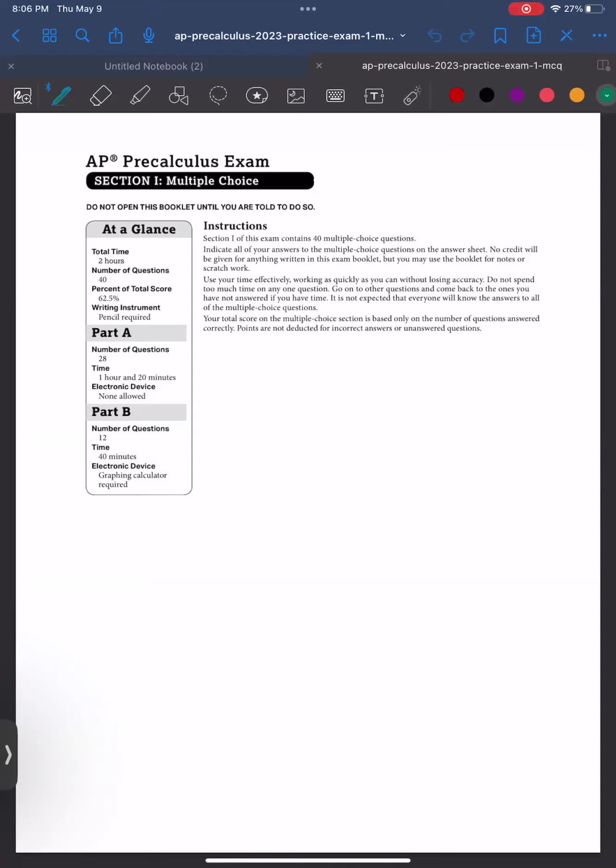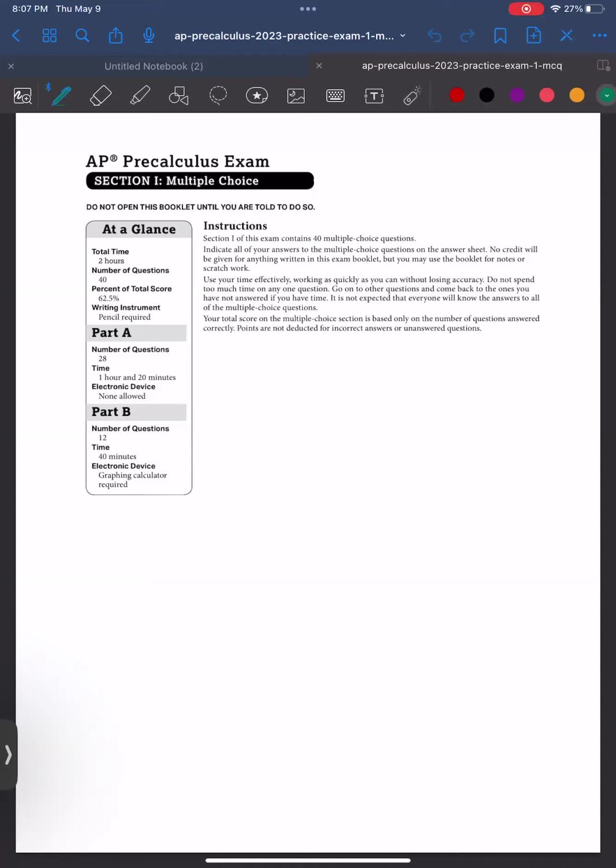Use your time effectively, working as quickly as you can without losing accuracy. Do not spend too much time on any one question. So, best advice for you, and this goes for any of your exams, you should go through and answer the ones you know for sure first. You want to get those out of the way, and then you can go back.